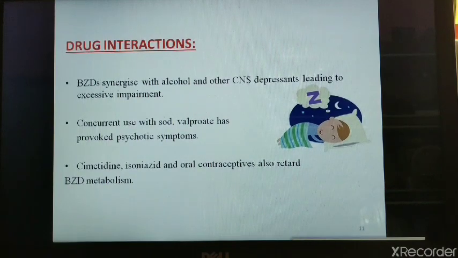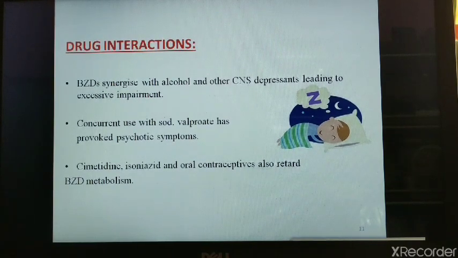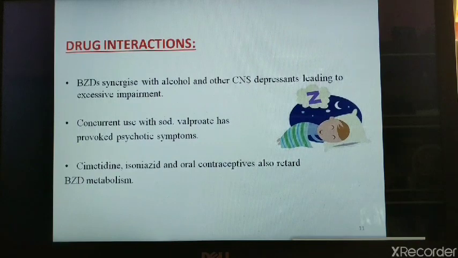Concurrent use with sodium valproate, which is an anti-epileptic drug, has also provoked psychotic symptoms. Cimetidine, isoniazid and some oral contraceptives have also been shown to retard benzodiazepine metabolism.